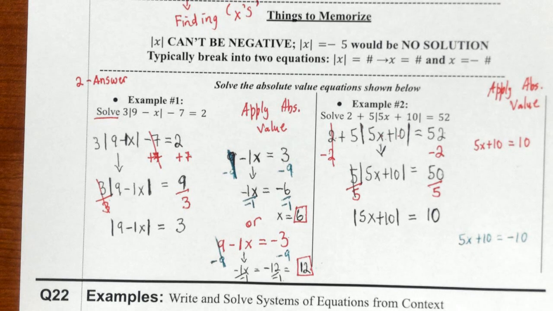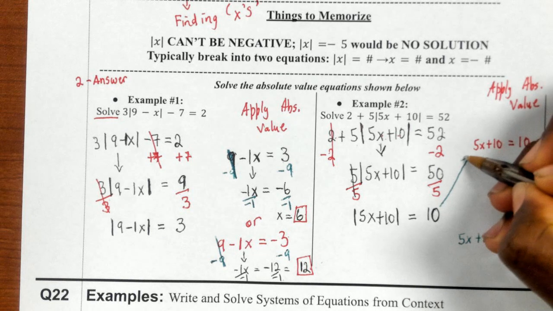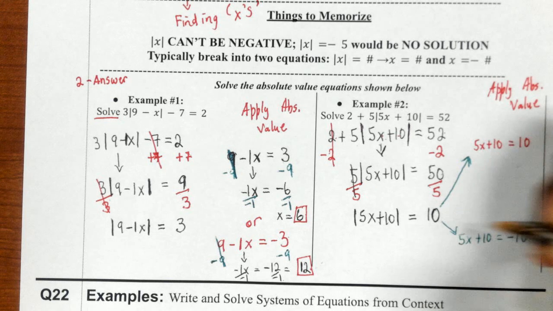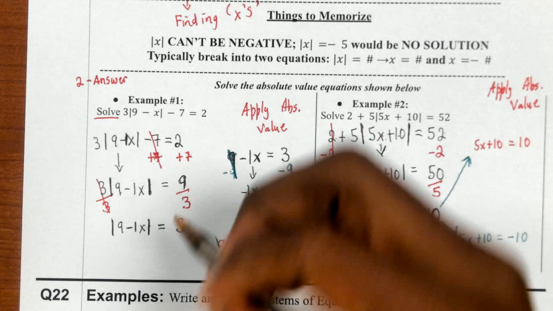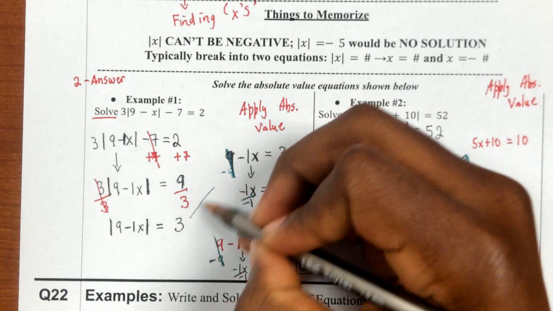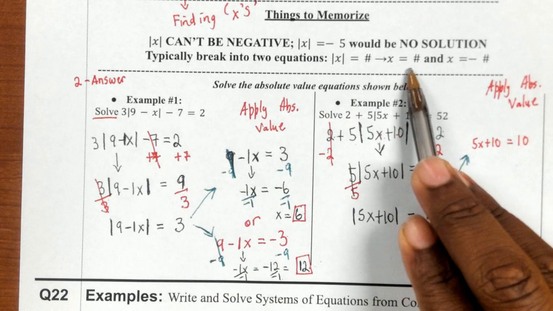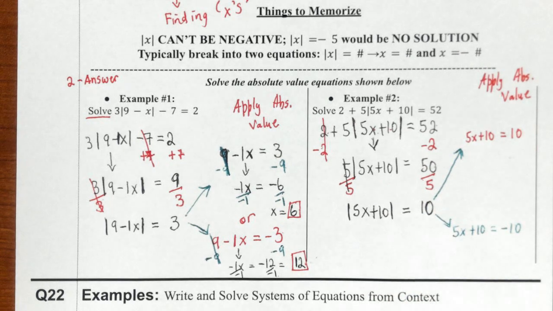So that's what the absolute value means, that this 10 could be a positive 10, or a negative 10 on the other side of the equal sign. The same way how this 3 could be a positive 3 or a negative 3. That your result could be a positive number or a negative number.